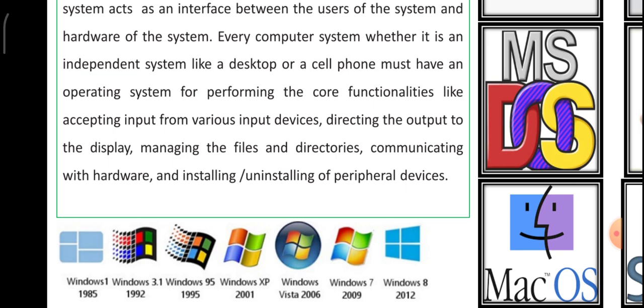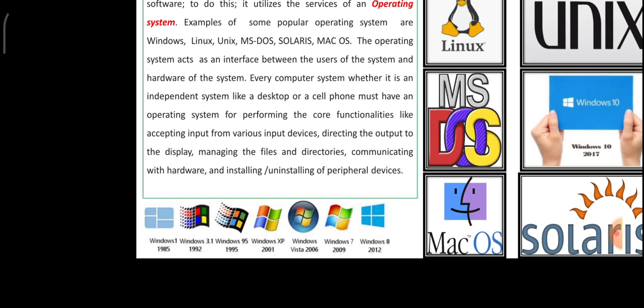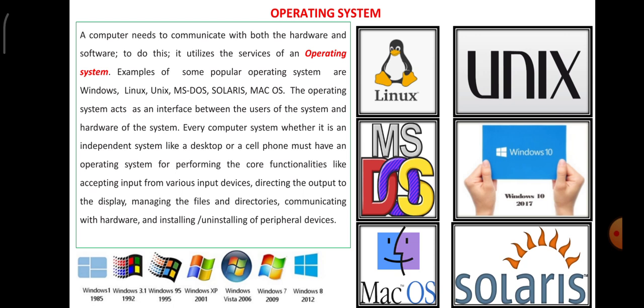You can take a look at all these things. Basically, a computer needs to communicate with both hardware and software. To do this, it utilizes the services of an operating system. The logos of different operating systems have been given for your kind perusal. Kindly go through it for a minute.